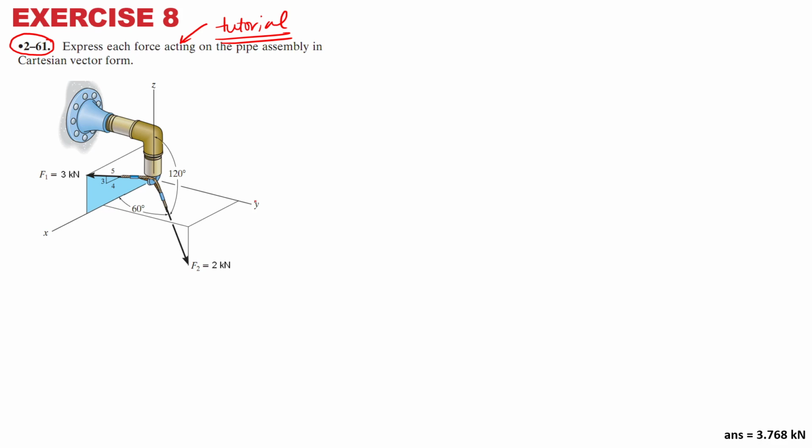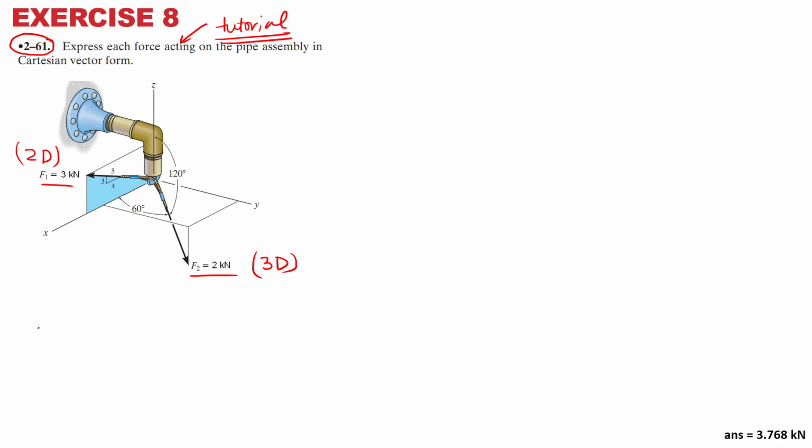Okay, so you've got two forces. One force is this one, which is obviously in 3D format. And one force is this one, 3 kilonewton. This one is actually in 2D format.